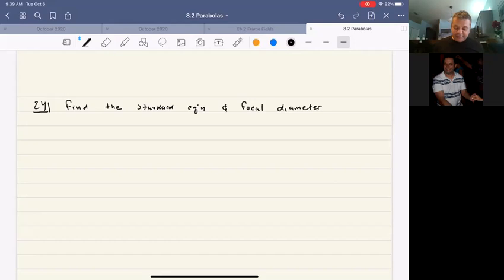The information we're given this time is that our vertex is at (1, 1), and our directrix is at x equals -2.